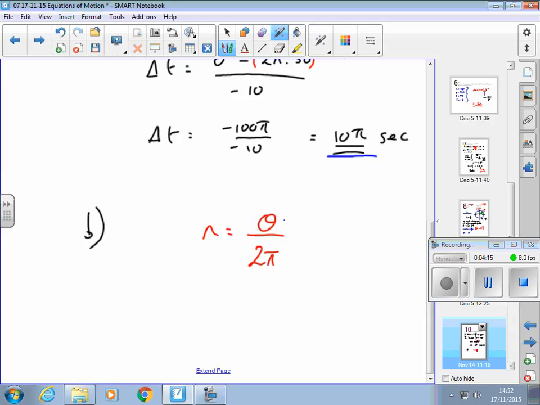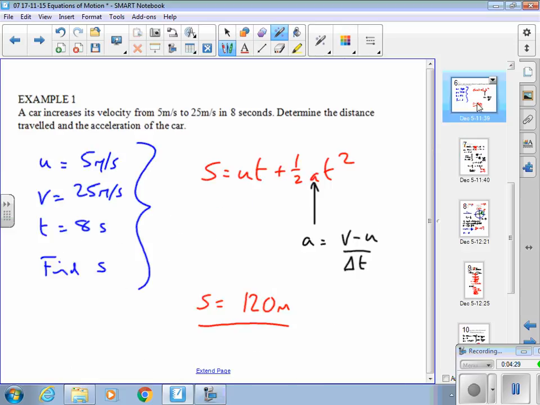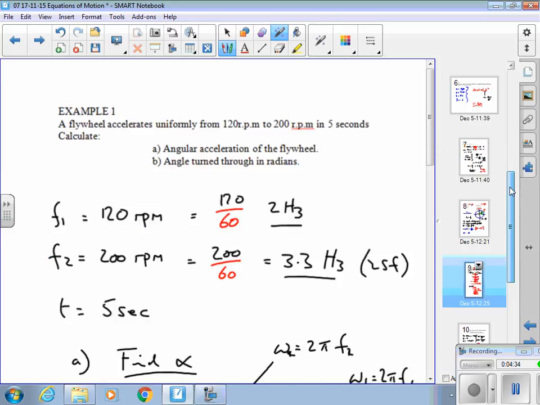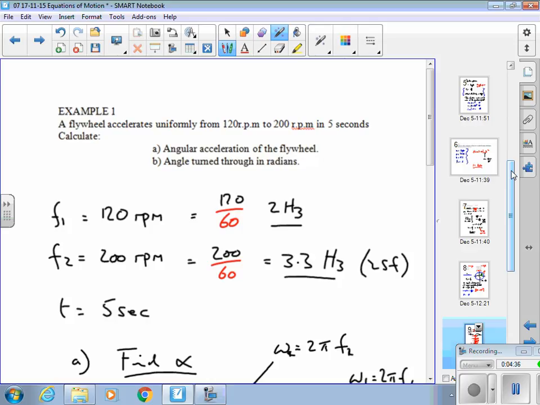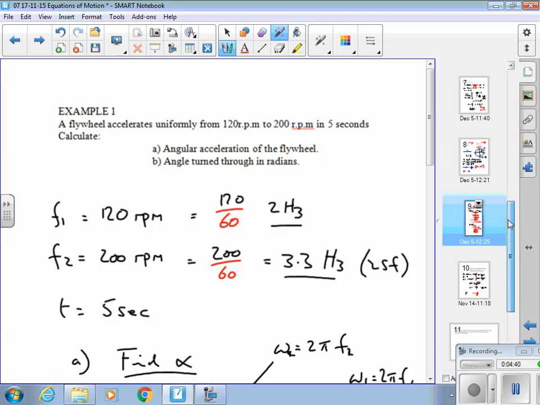Well, do I know theta? If not, can I work it out? Is there a formula that will allow me to find out what theta is? In our list of formula is a formula that might help here. Where are we? Have we gone back too far? Where's my formula sheet going?